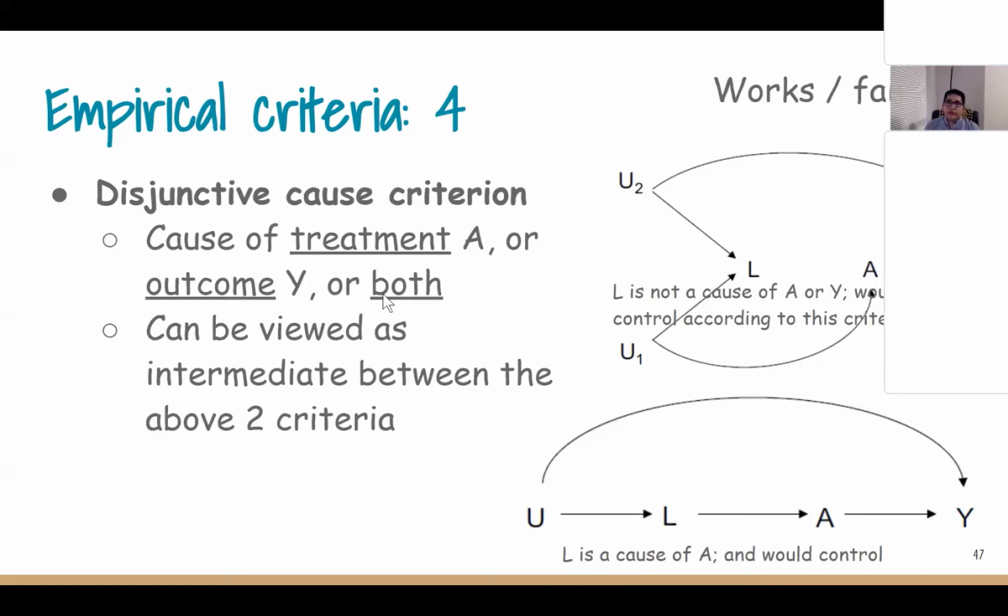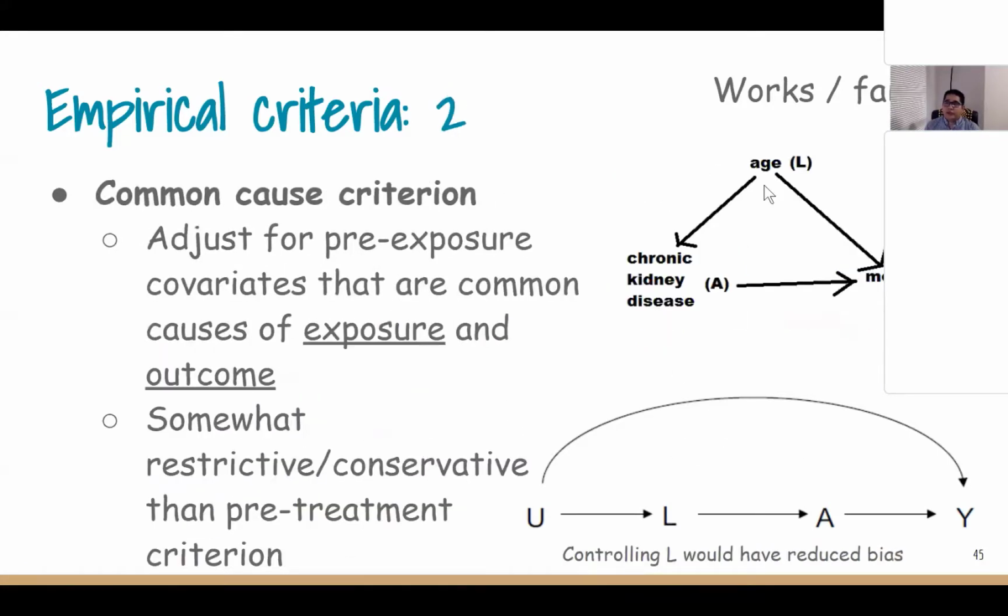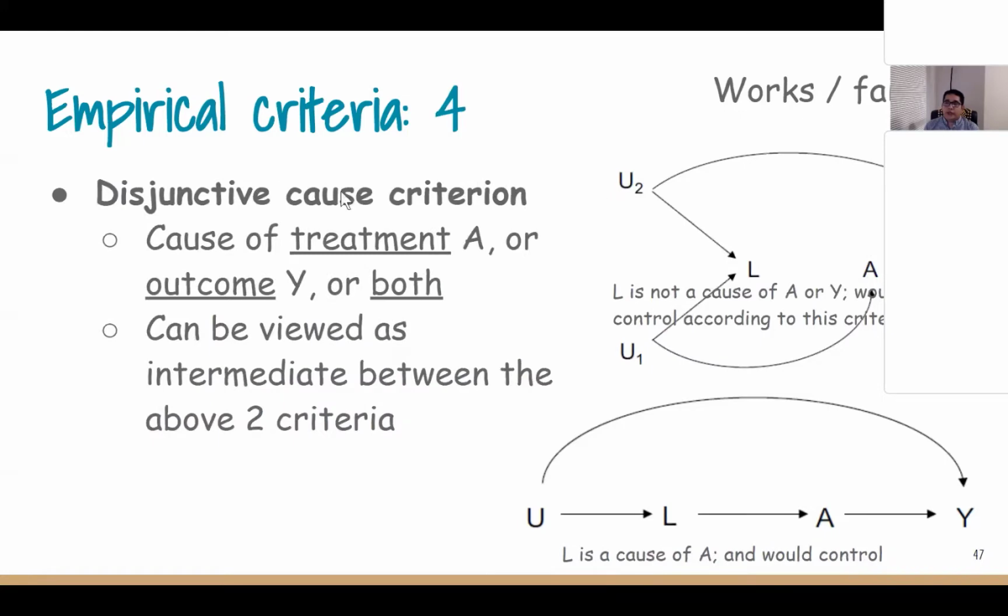Because in the previous case, what we were interested in is that they have to be a common cause. But in here, what we are saying is that they do not have to be a common cause. They can be only a cause of treatment, and also they can be only a cause of outcome. And according to this disjunctive cause criterion, we can adjust those variables in our regression model.